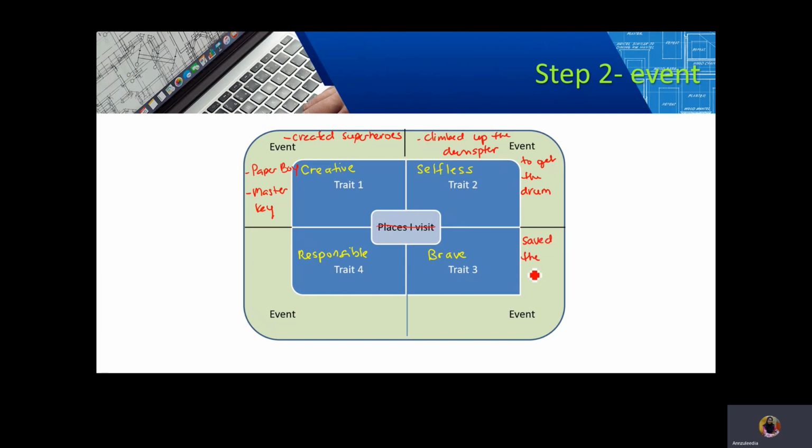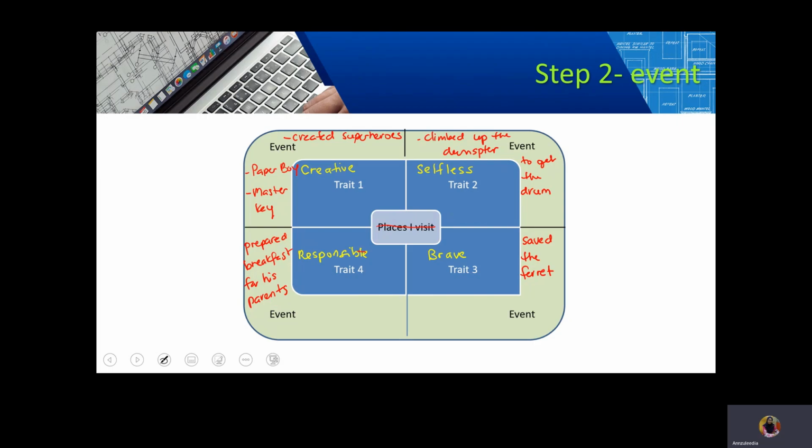Maybe we choose the ferret, when he saved the ferret. Okay, responsible. I think quite evident when he prepared breakfast almost every day. For whom? For his mom and dad.